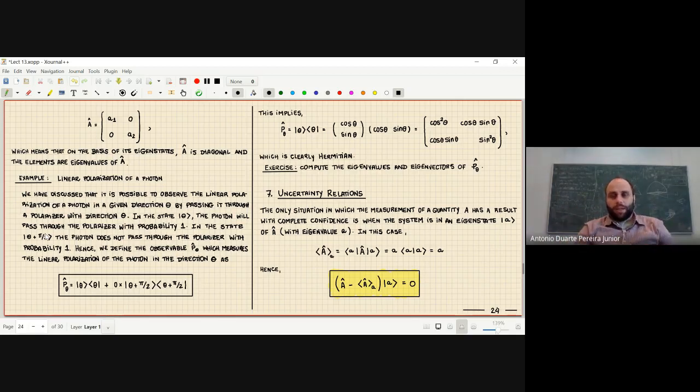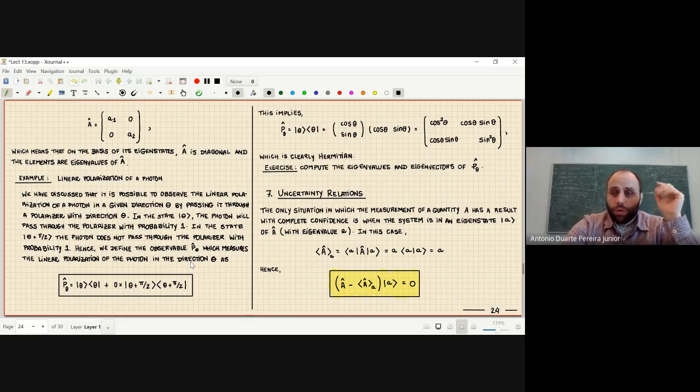So you can make these statements mathematically by defining an observable that measures the polarization of the photon. Okay? So P hat with the subscript theta is the observable that tells you if a photon has polarization theta.